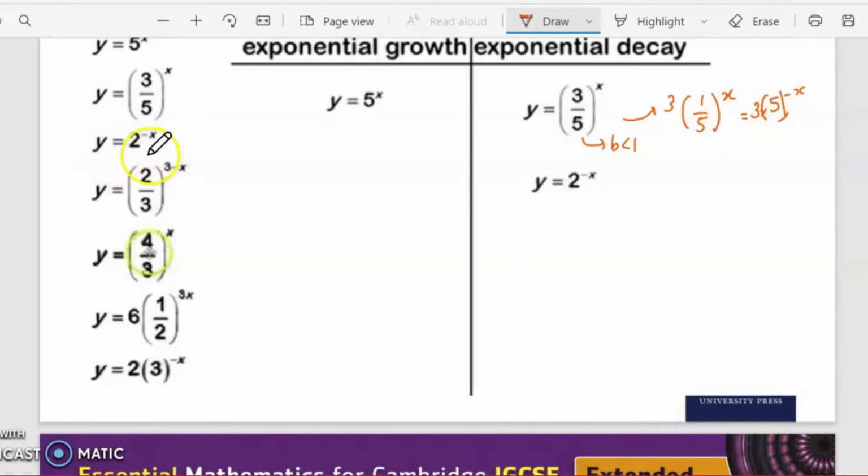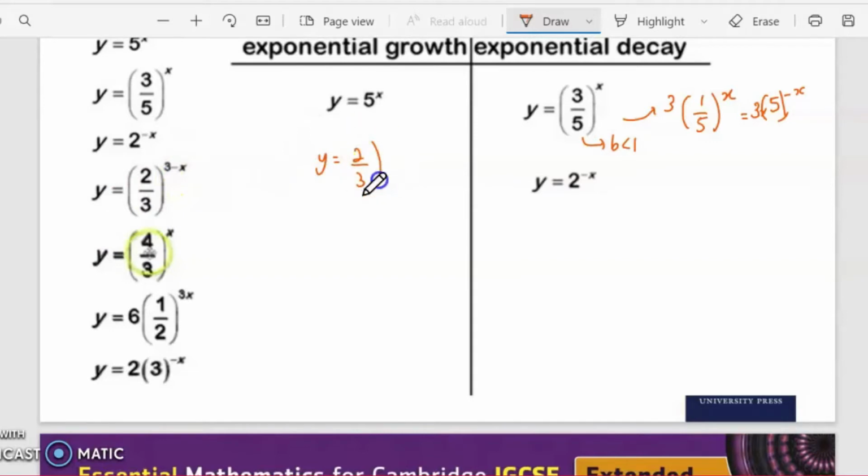Okay, next is y equal to 2 to the power of negative x, negative exponent. So this is exponential decay. And then y equal to 2 over 3 to the power of 3 minus x. This one, even though this part is negative, it is exponential growth. Why?